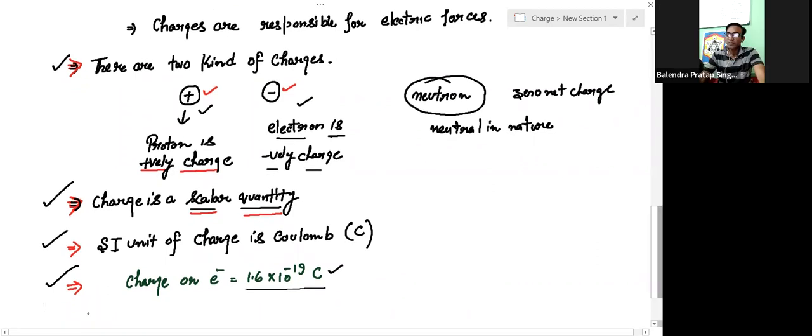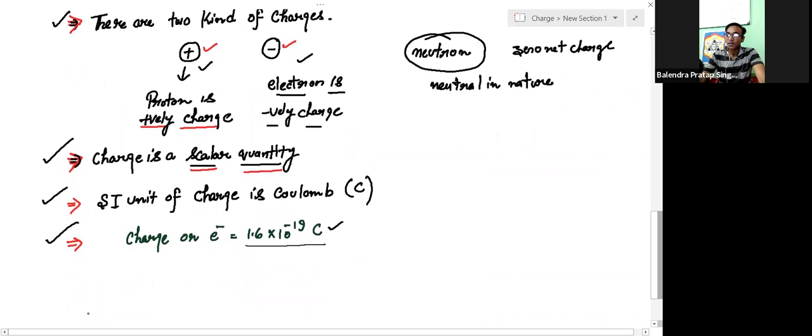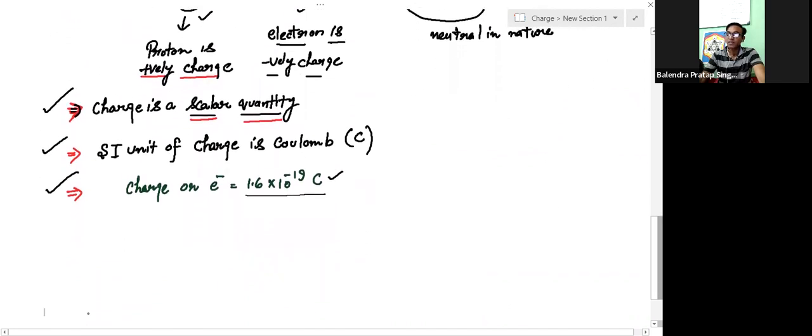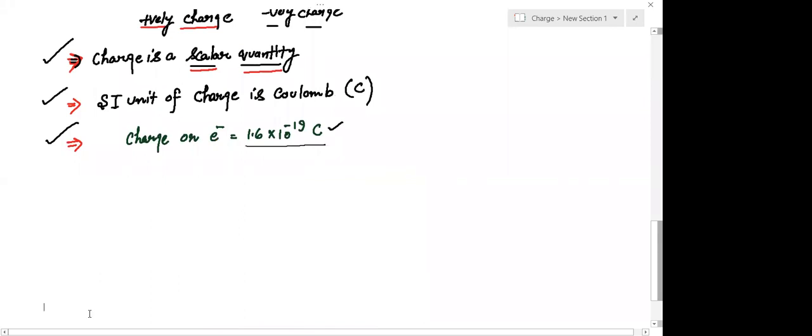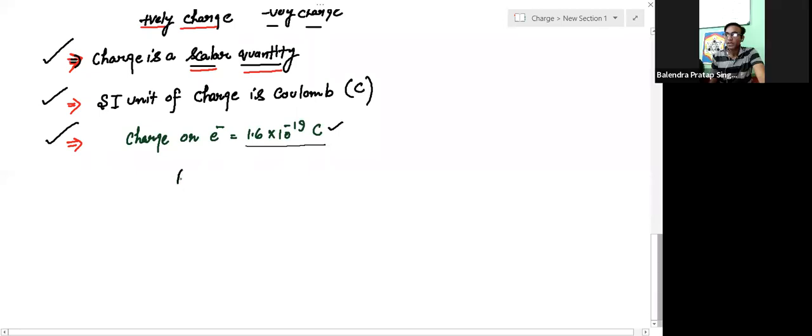Next point. I want to give a very small comparison of mass and charge, meaning how charge is different from mass, for better understanding of charges and masses.